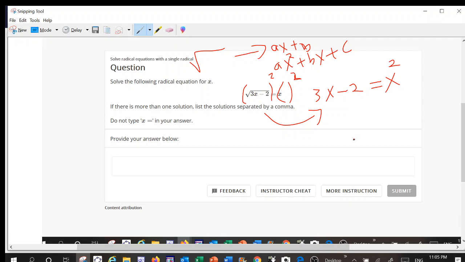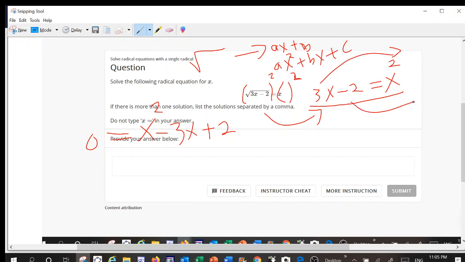Now that we can solve because this is quadratic. So let's move everything to the right-hand side and make the left side 0. So here we go. x squared minus 3x plus 2, right? You move these to the other side, you have to change the sign. And this is the same as if I put the 0 on the right.